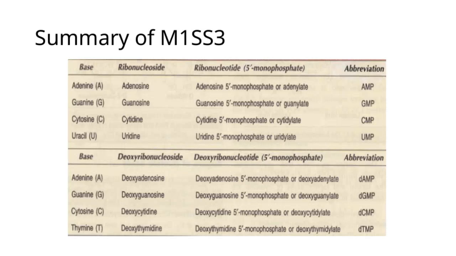In this slide, we're summarizing the key points from M3SS2. First, we want to highlight the main concepts we've covered so far, which include understanding the core principles and their practical applications. It's important to see how these ideas connect back to our overall theme of building a strong foundation in this subject.